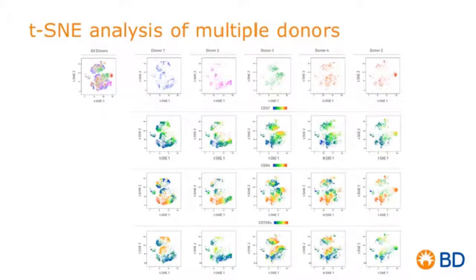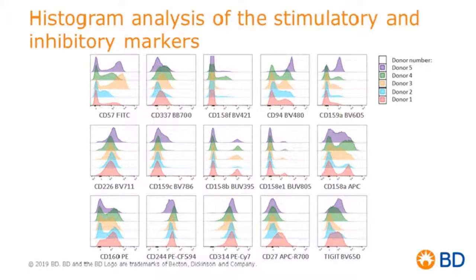Another way that we can look at all the markers in all the donors is conventionally looking at histograms. This is a very quick way to interrogate the level of expression and the patterns of each individual marker across donors. So we can again confirm in this case that CD57 is very variable across donors.